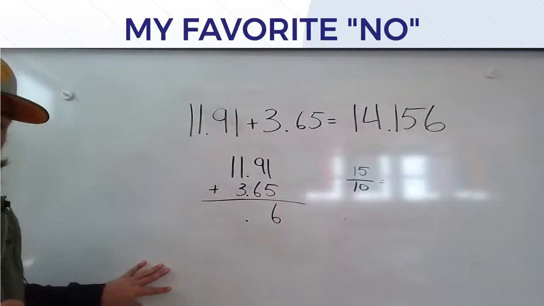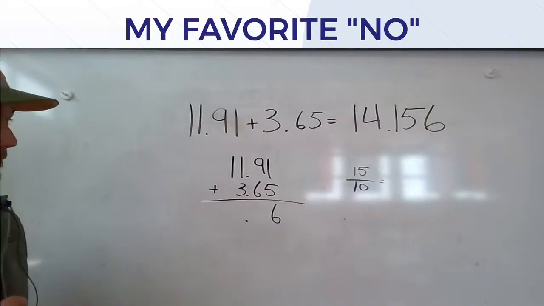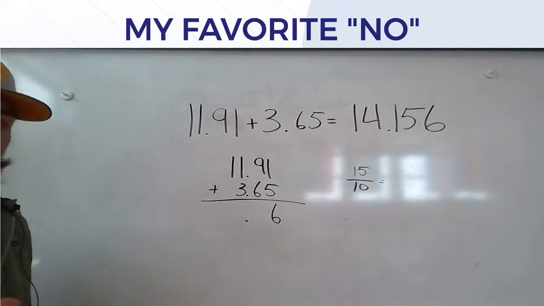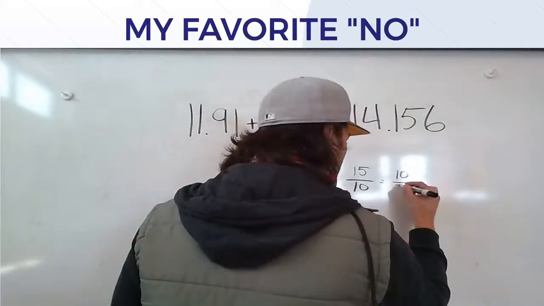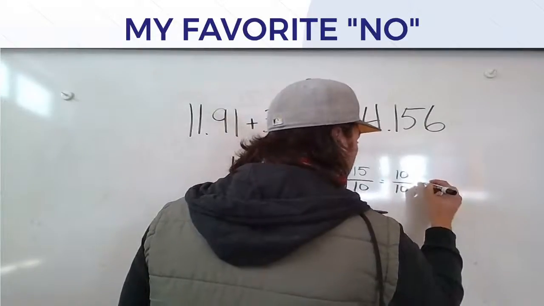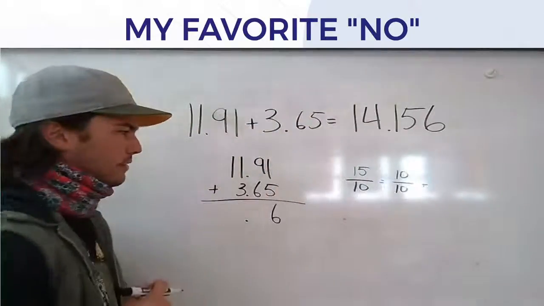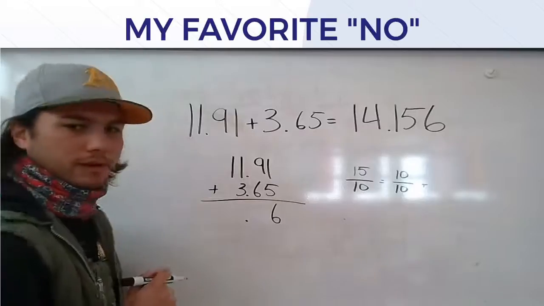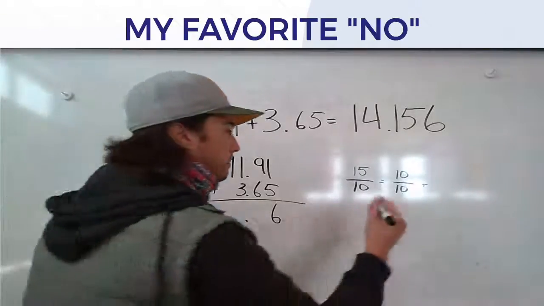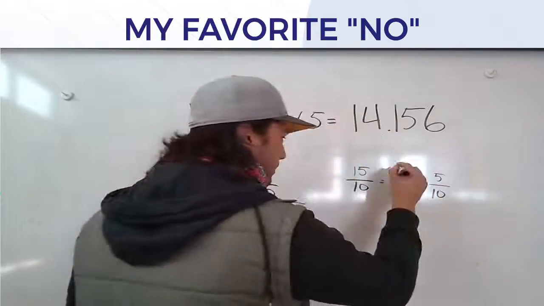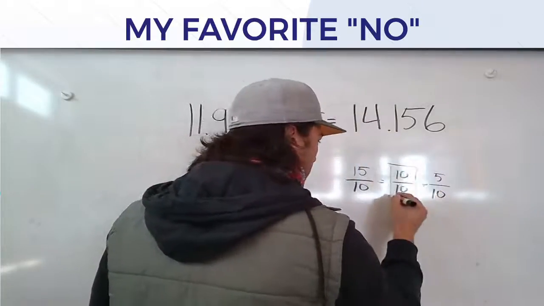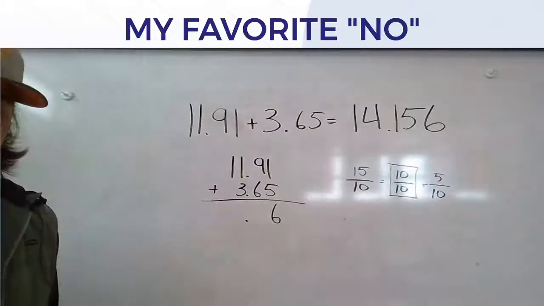How many tenths would be an equivalent of 1 in 15 tenths? Yeah, we have 10 tenths equals 1 plus, how many more tenths do we have here? 10 plus what is 15? 5. So we have 5 tenths. And this 10 tenths is an equivalent of 1.